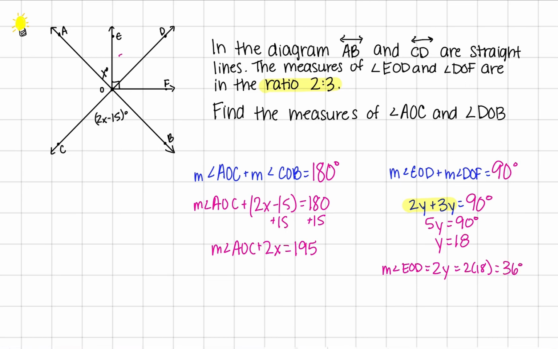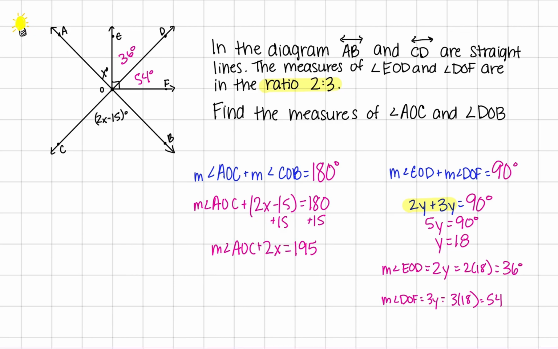So EOD is 36 degrees. I can plug in for the measure of angle DOF is 3y, which is 3 times 18, which equals 54. Or I could have subtracted 36 from 90 and gotten 54.